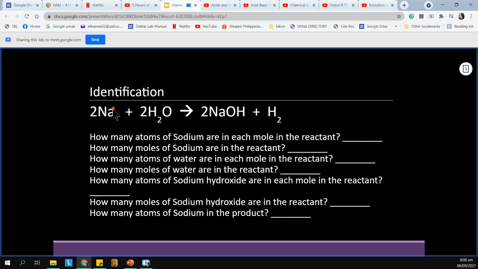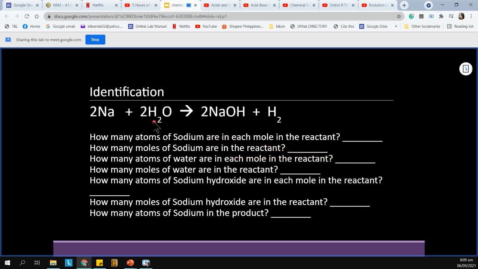So the next one here, Miss Medina, kanina may nag-raise ng hand, tama ba? Yes, ma'am. How many moles of sodium are there in the reactant? 2 po. Okay, yung 2 moles. Now, let's have Miss Postanes, Marian. How many atoms of water are in each mole of the reactant?